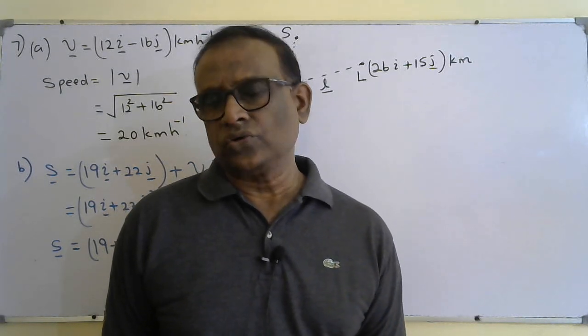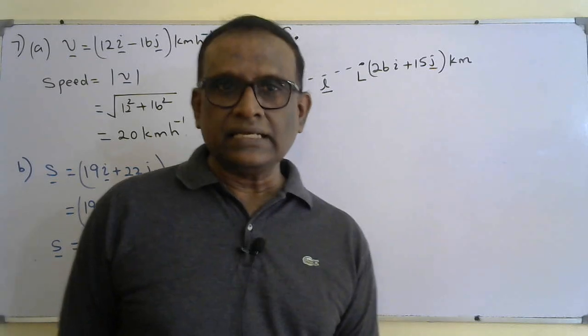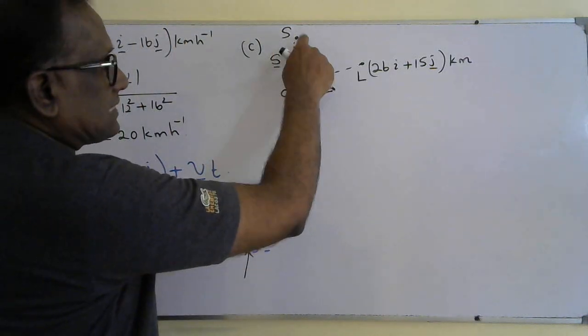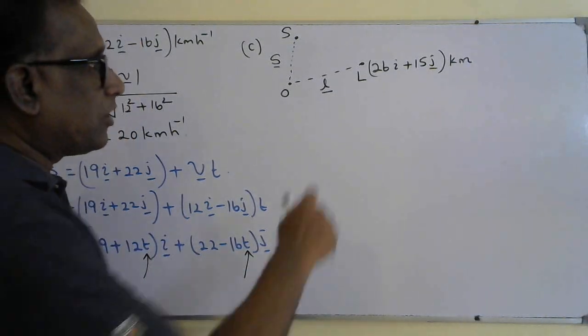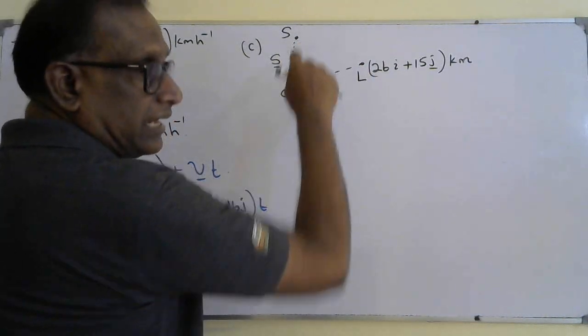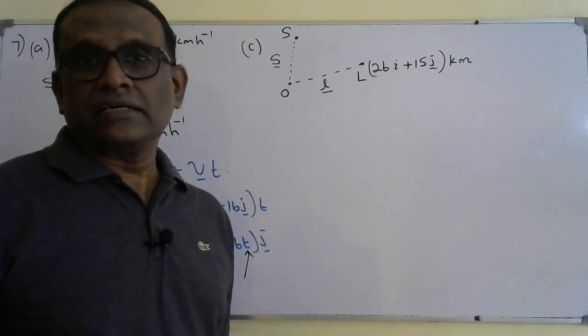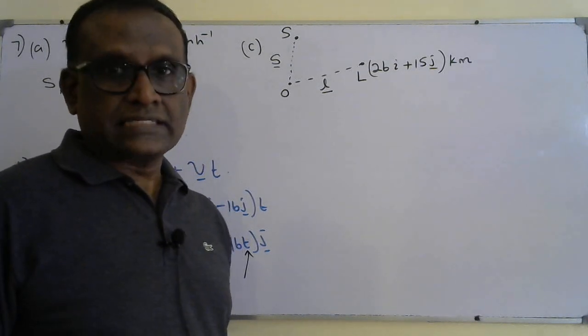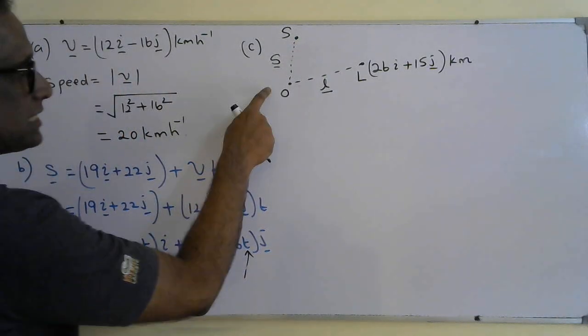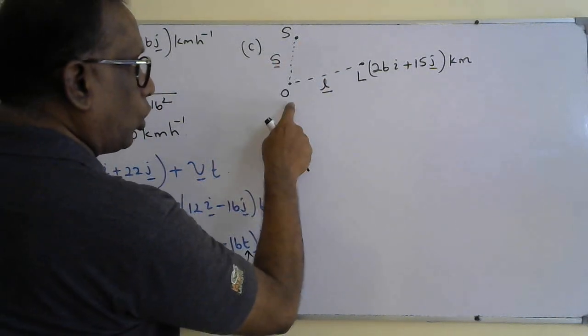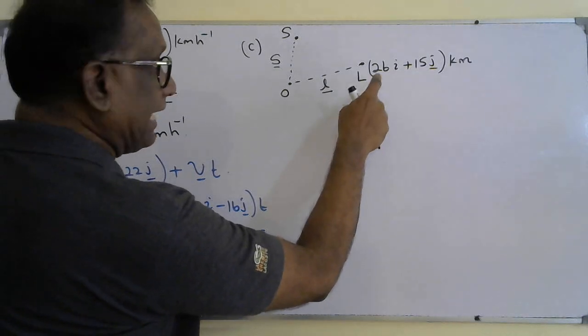How to find that? So it's like this. We'll find the vector LS, that is the vector S relative to L, because from the lighthouse I need to get the distance of the ship. I know the position vector of S at time t, that is OS, I know OL, I need to get LS.